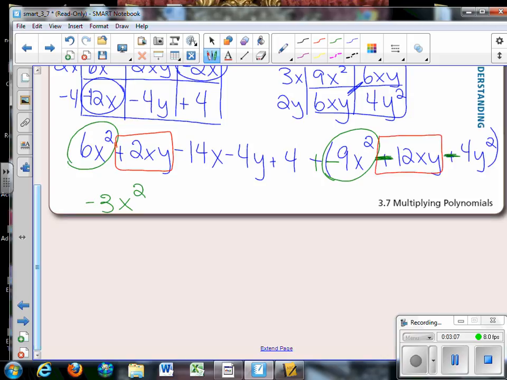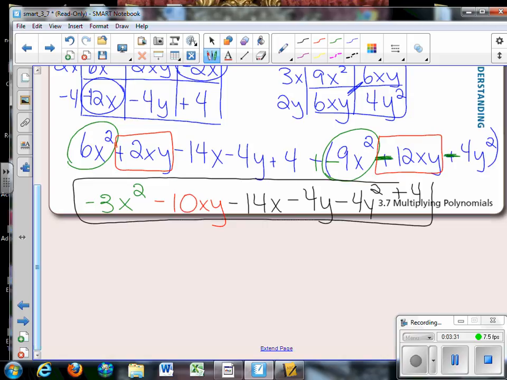So that's going to be minus 10xy. Then I don't think there's any like terms left. Okay, so we have minus 14x minus 4y minus 4y squared plus 4. And that should be your final answer.